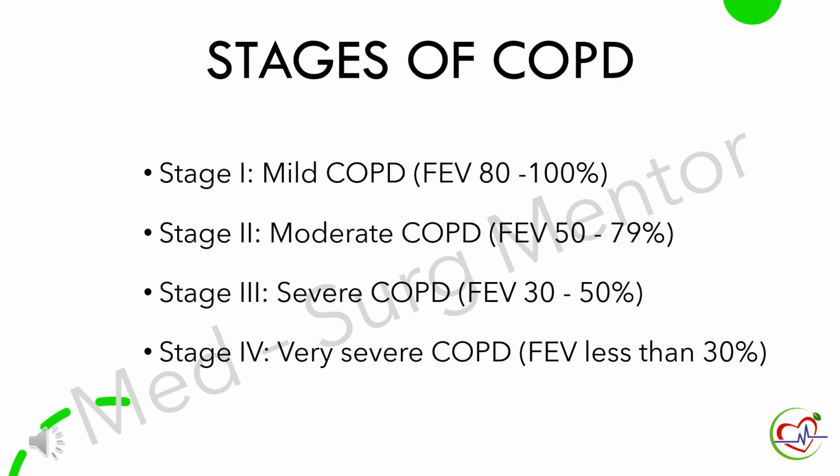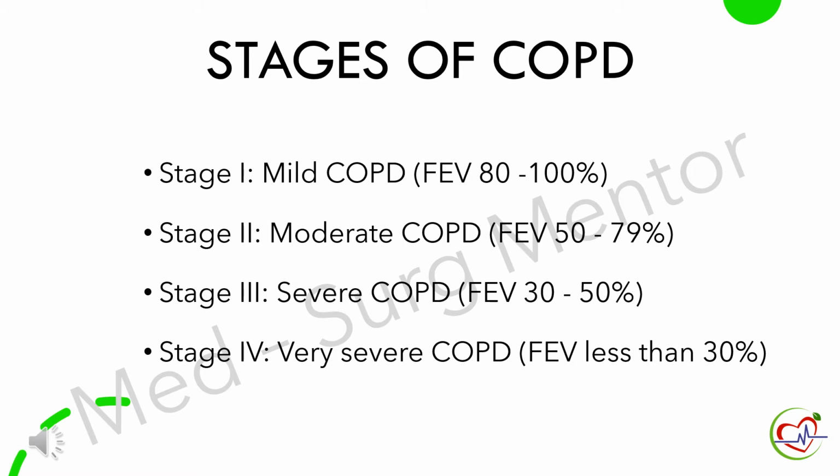In stage 2, that is moderate COPD, forced expiratory volume will be between 50 to 79% of the predicted value. During this stage, symptoms worsen from stage 1. Coughing and mucus production becomes more severe. Next stage is severe COPD, and here forced expiratory volume is between 30 to 50% of the predicted value.